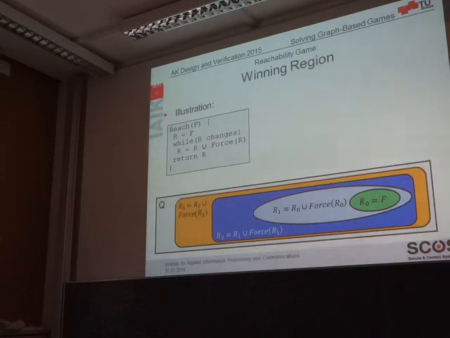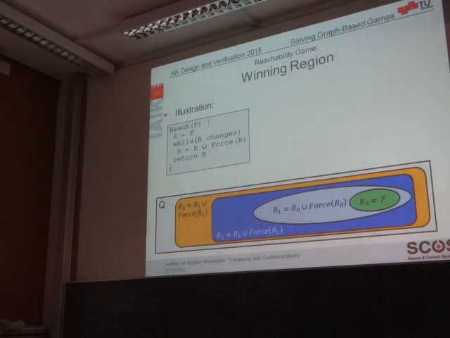And we repeat this, we compute yet another new value of R, which is the old value of R, so this blue box here, union all states from which we can enforce to go to blue. Because whenever we end up in dark blue, then we know that we can go to light blue, and whenever we are in light blue, then we know that we can go to green.